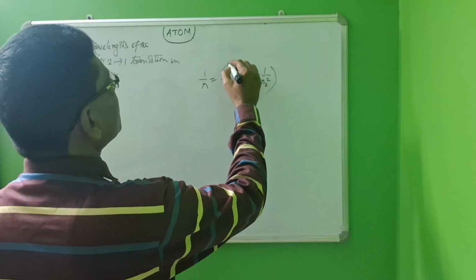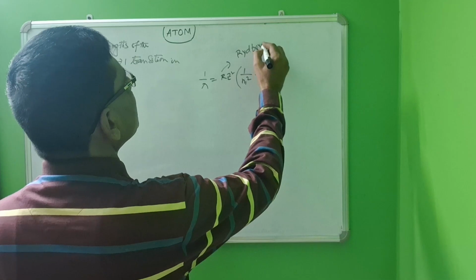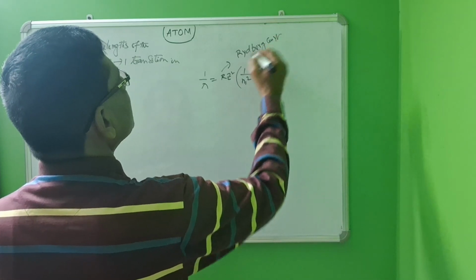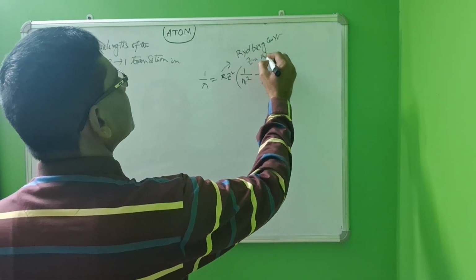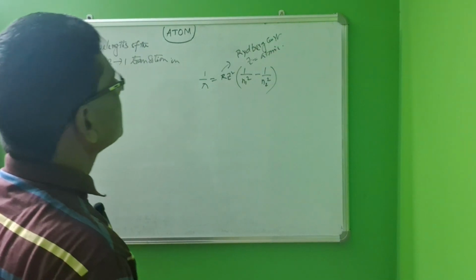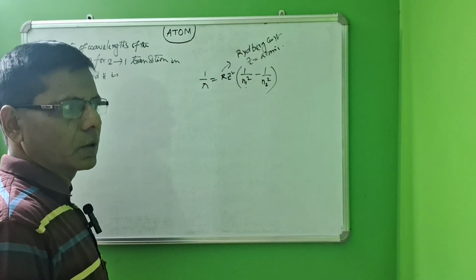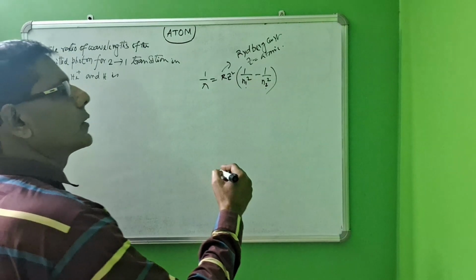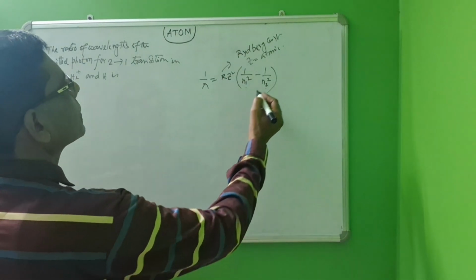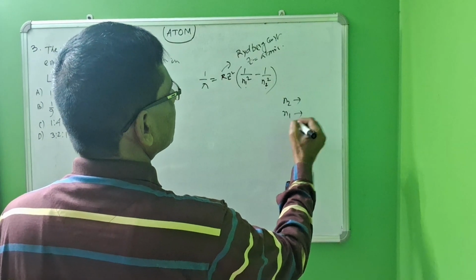Here R is the Rydberg constant, and Z is the atomic number, and n1 and n2 are the levels.